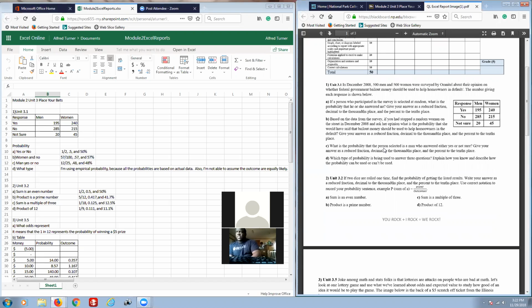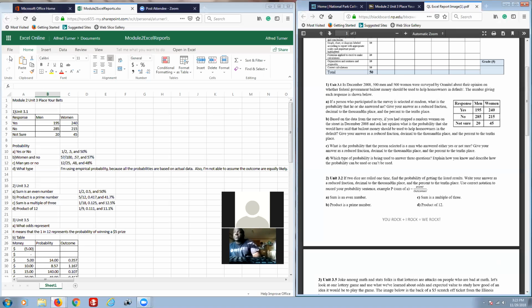Based on the data of the survey, if you stopped a random woman on the street in December 2008 and asked her opinion, what is the probability that she would have said the bailout money should be used to help homeowners in default? Give your answer as a reduced fraction, decimal to the ten-thousandths place, and percent. What is the probability that the person selected is a man who answered either yes or no, or who would answer yes or not sure?